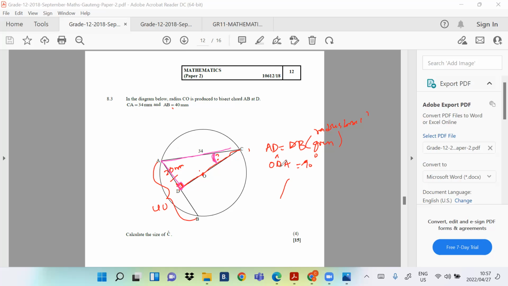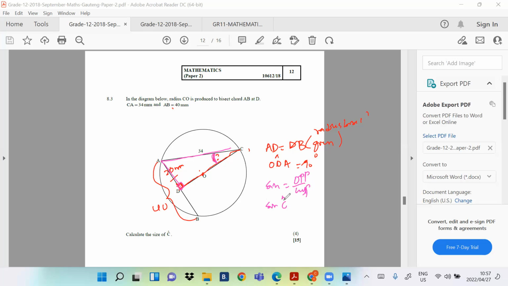Are we using a sine? Are we using a cos? Are we using a tan? A sine. Are you familiar with the trig functions? Yes. Okay, so we're using a sine because sine is opposite over hypotenuse.